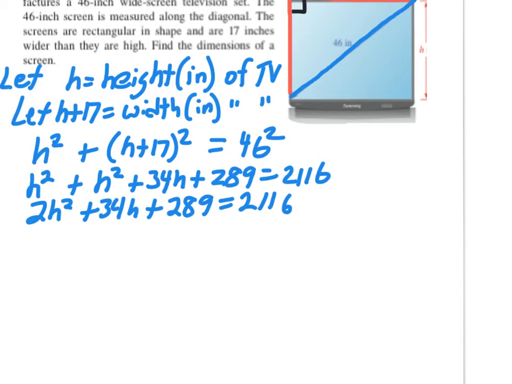So I'm then going to want to move the 2116 over to the other side so that, before I use the QF, I can get my equation equal to 0.